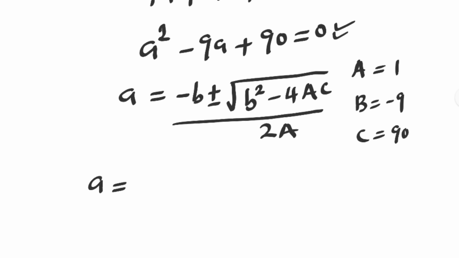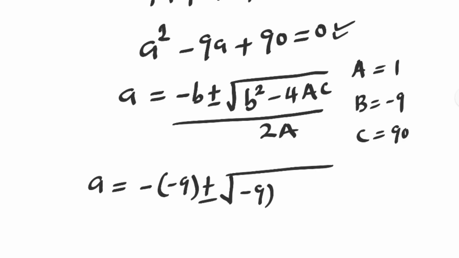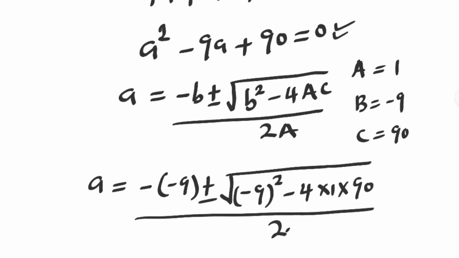A is equal to minus bracket minus 9 plus or minus square root of minus 9 square minus 4 multiplied by 1 multiplied by 90 all over 2 multiplied by 1.